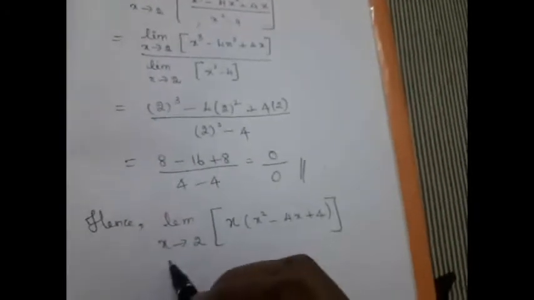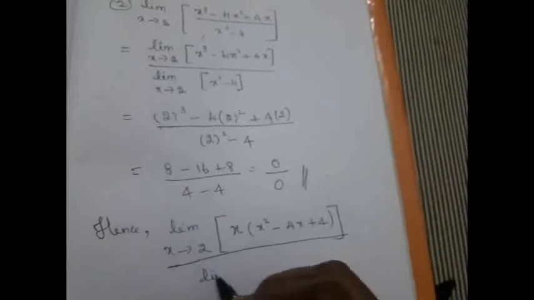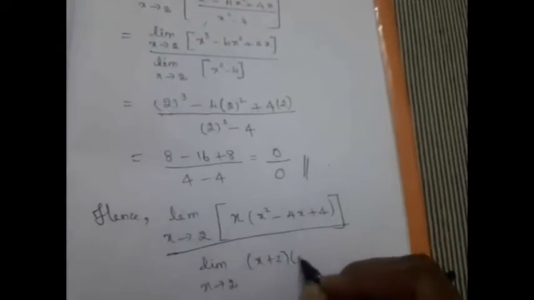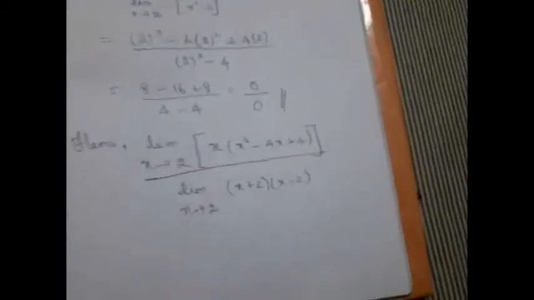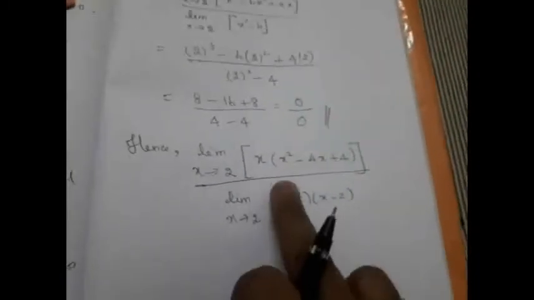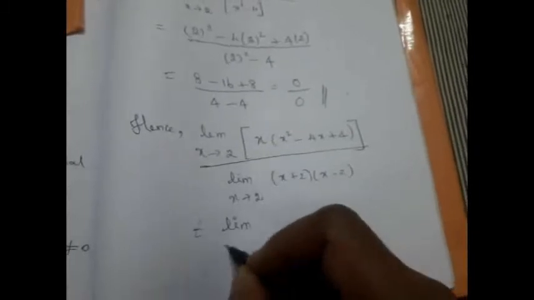And the denominator again I can write as x plus 2 into x minus 2, so the a plus b into a minus b format. And if you see the numerator, it is x minus 2 the whole square, right? The a minus b the whole square. So this can be written as a single limit, x tends to 2.